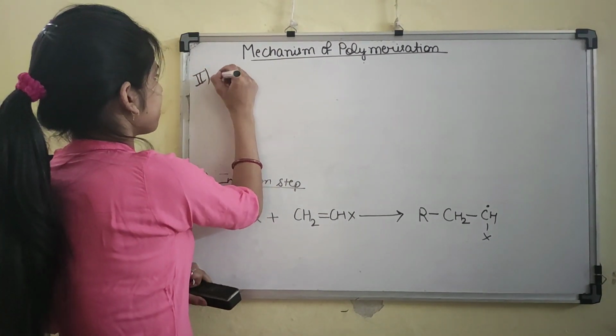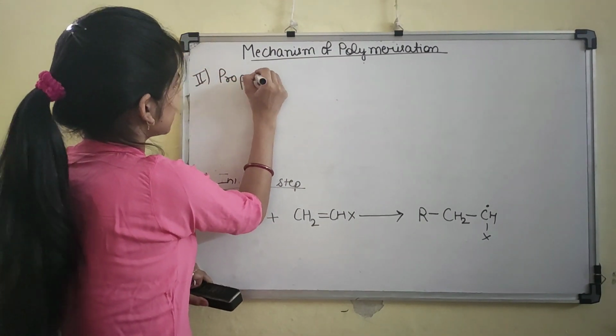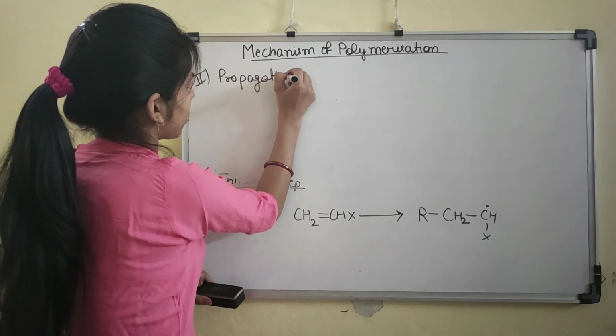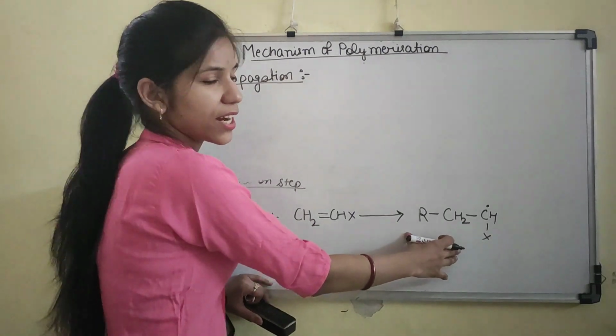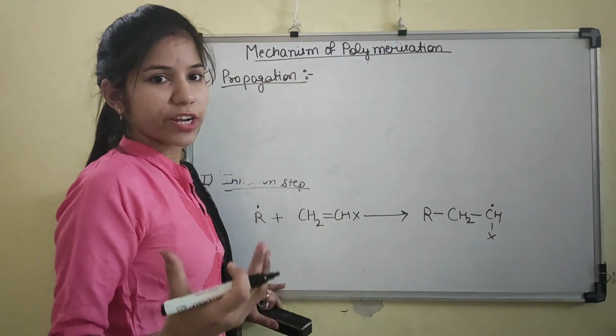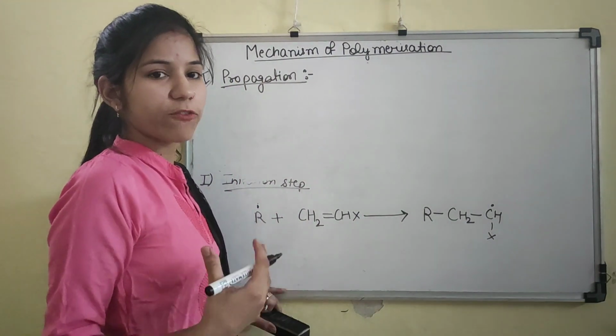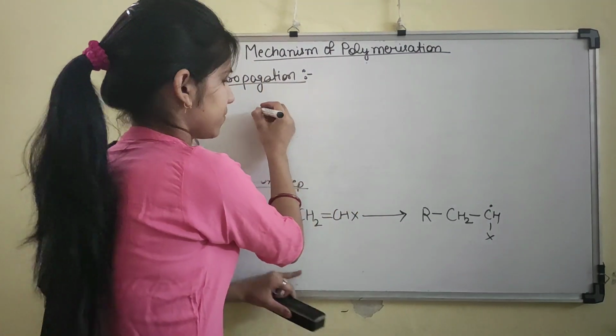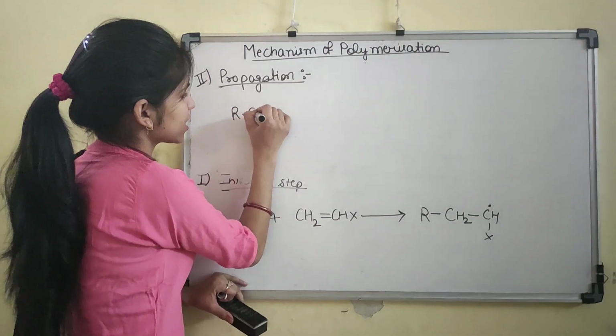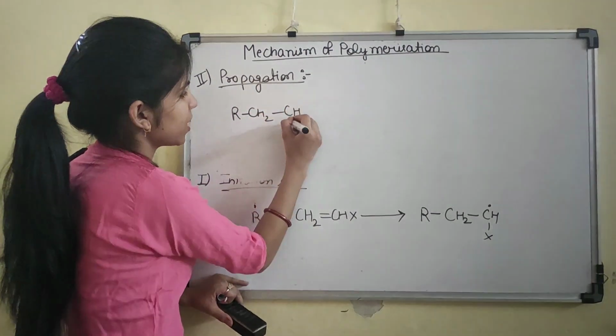And the next step is the propagation step. In this step, this free radical combines with a fresh monomer unit and forms a new free radical, like R CH2 CHX.